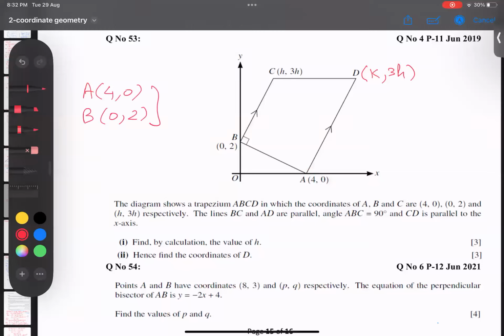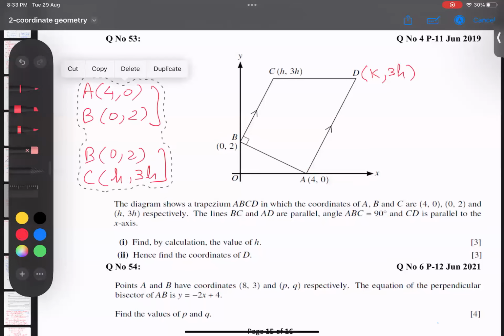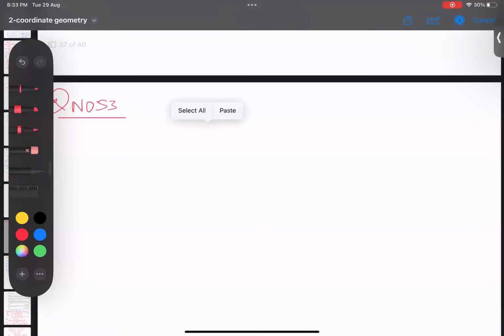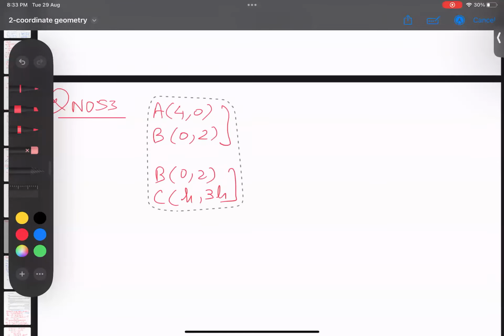Then I will use B (0, 2) and C (h, 3h) and find both gradients. So let's start. First, the gradient of line AB: y2 minus y1 over x2 minus x1, which is (0 - 2) over (0 - 4)... and I get negative half.